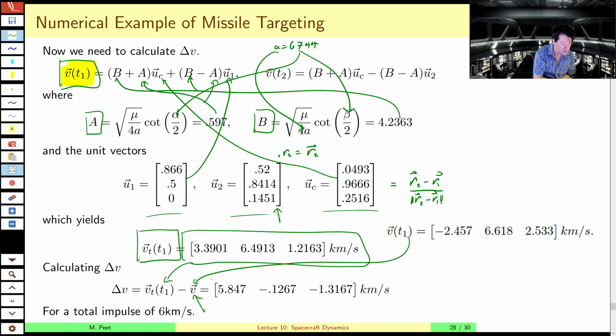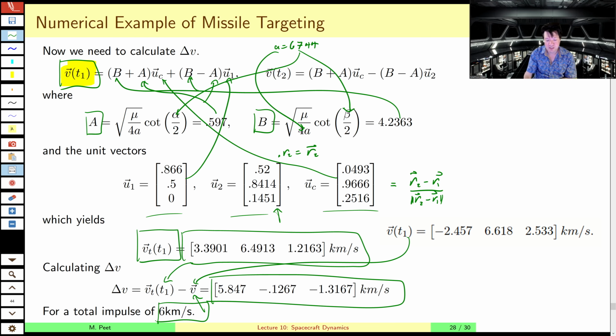And the vector value of the delta V we need is this, which looks like around a total impulse of about 6 kilometers per second to get to our destination in time to save Thailand. So congratulations, we saved Thailand.